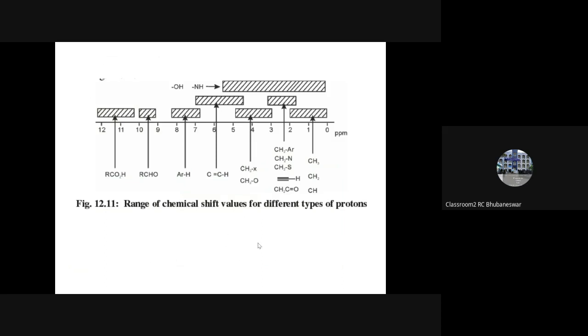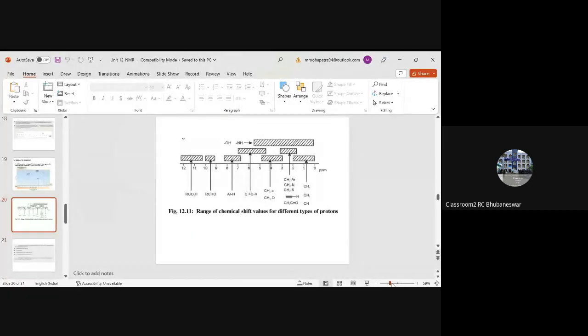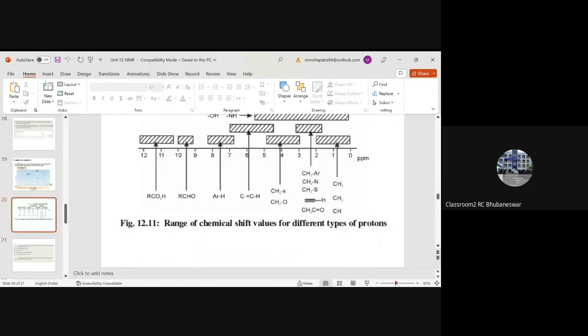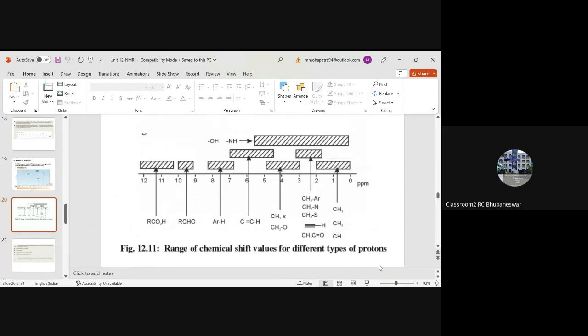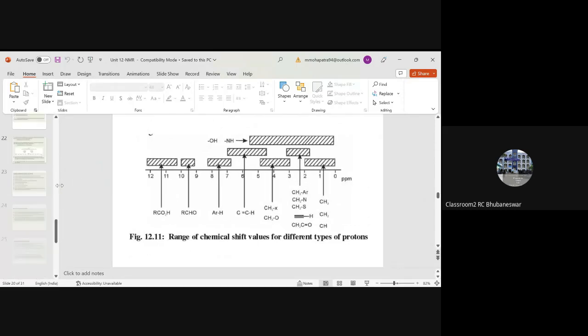This is the range of chemical shift values for different types of protons. Nearby protons vary this.